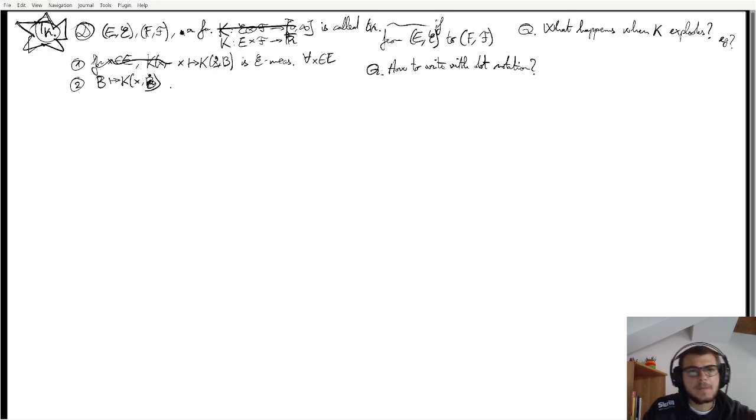So this thing is a measure on E or on F? On F. On space F for any B.